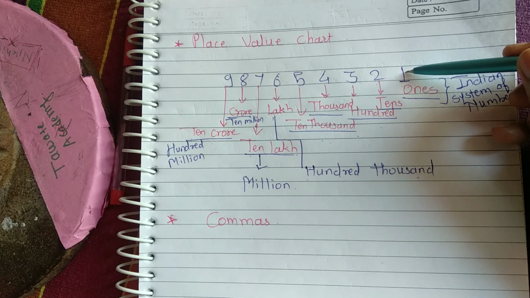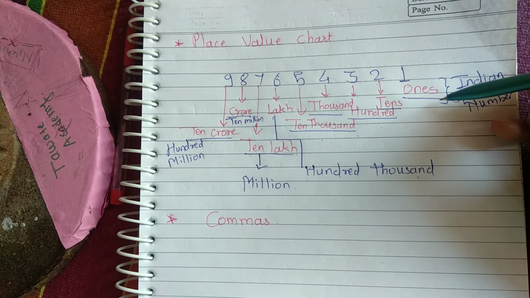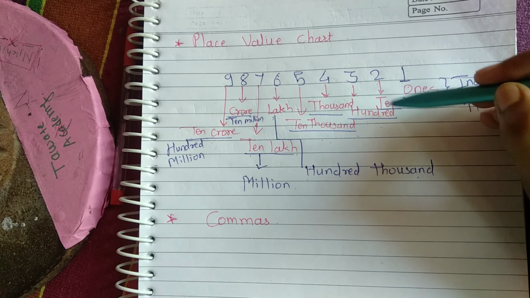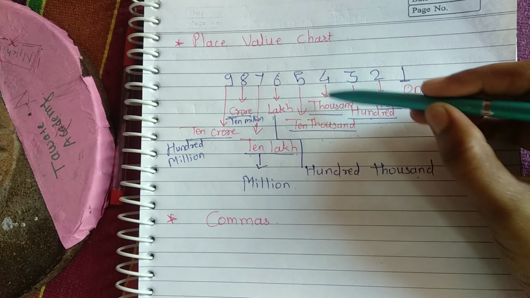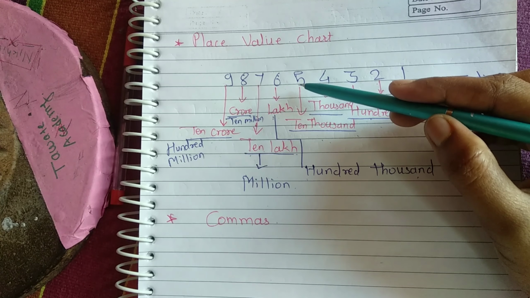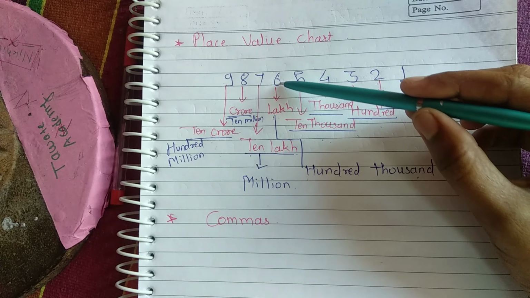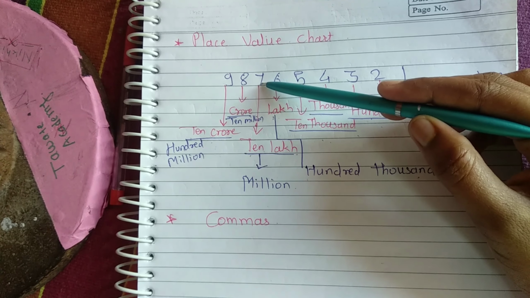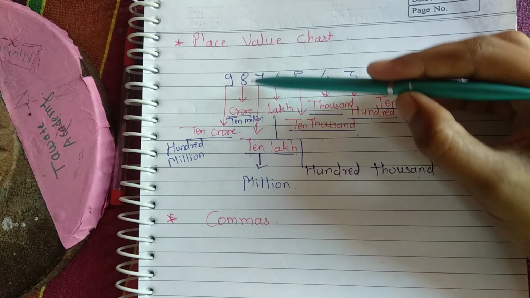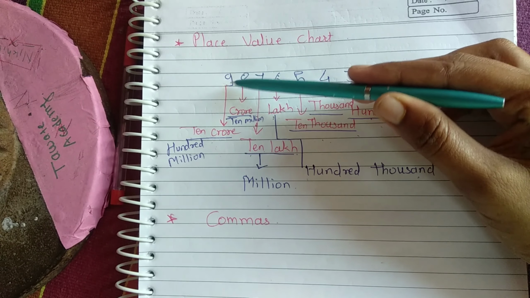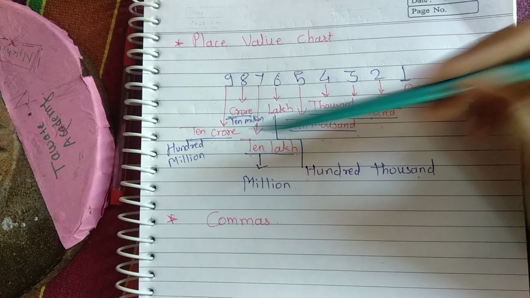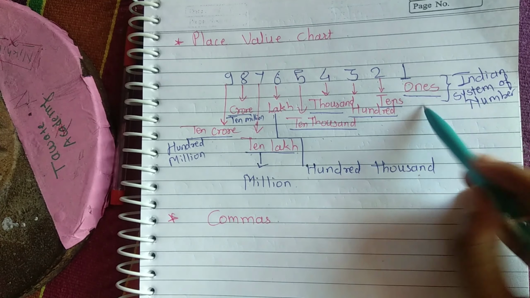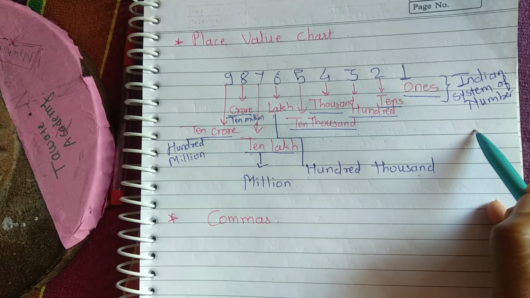So 1 put as ones, 2 put as tens, 3 put as hundreds, 4 put as thousands, 5 put as 10,000, 6 put as lakh, 7 put as 10 lakh, 8 put as crore, and 9 put as 10 crore. This is the Indian system of numbers.